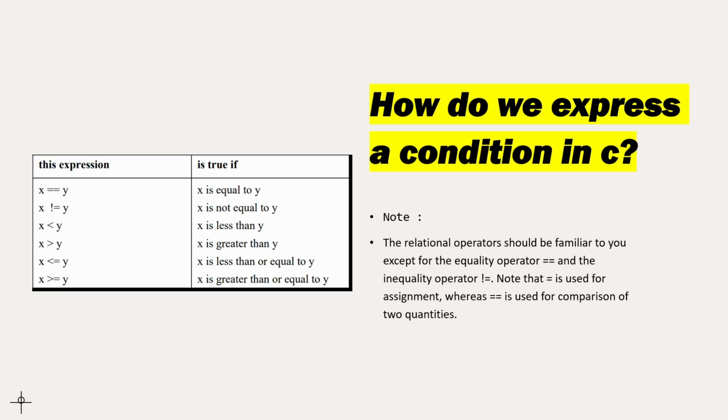That's what the note states here. Double equal to is used for comparing two values, whether or not they are equal. So the first, x == y, means x is equal to y, and the second expression, x != y, means x is not equal to y, and the remaining operators you already know.